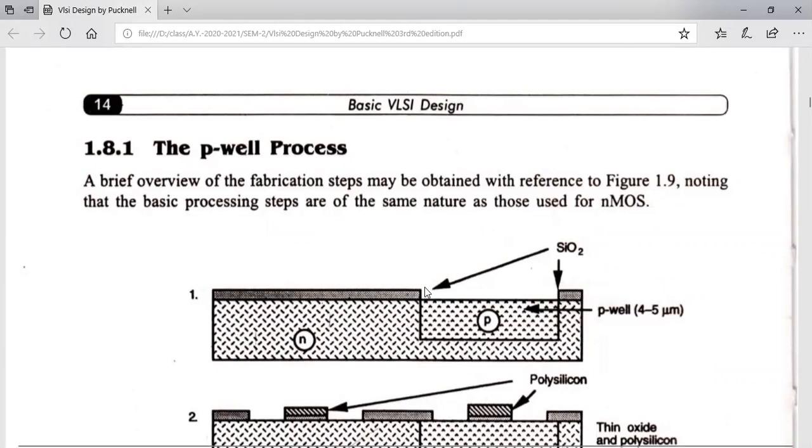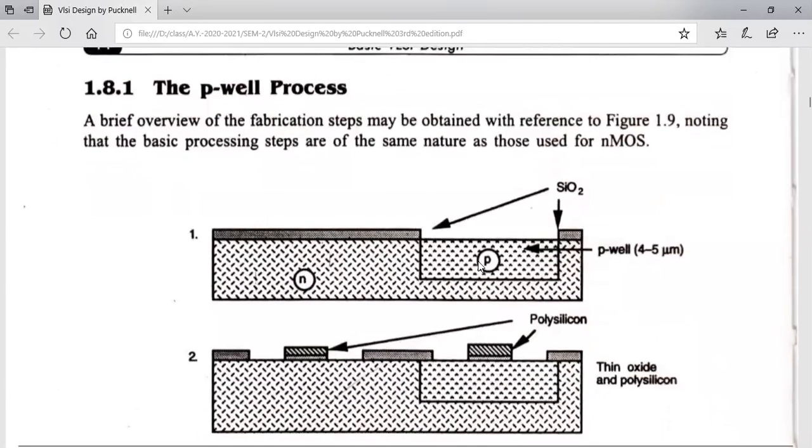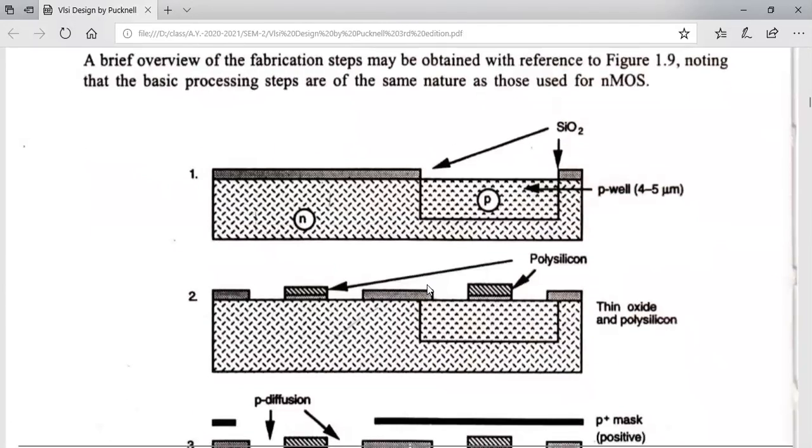Then I will be using a diffusion process to form a well in this N-type substrate. That well is of P-type. In the P-well only, I have to form the NMOS transistor. So in the rightmost part, you can see here a P-well is formed.